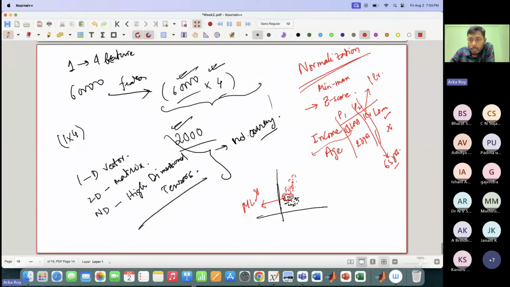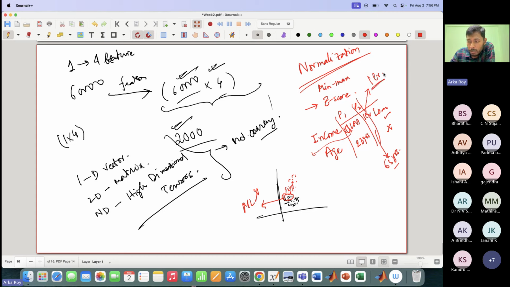In respect to 1 crore, 10 lakh is a very small value. So if you are using any basic machine learning classifiers or deep learning classifiers, they are very much prone to take decisions based on the high values.